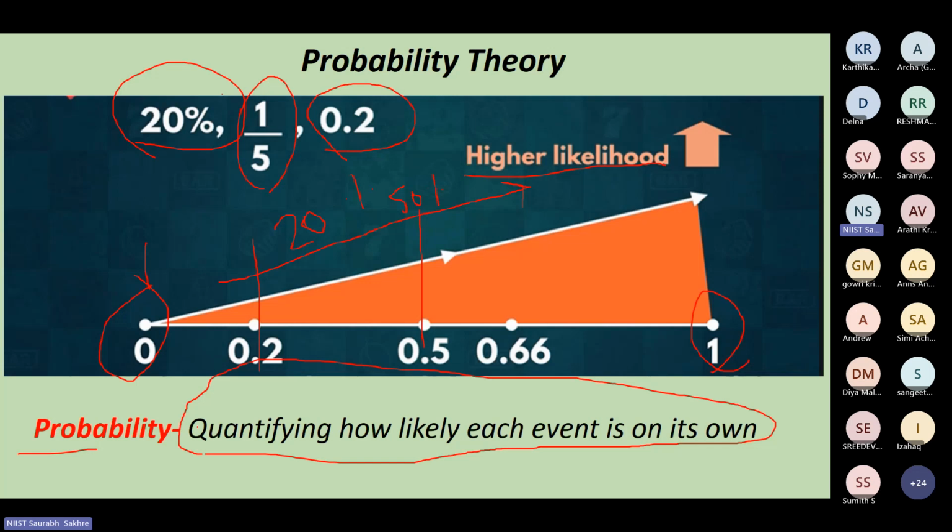But you cannot change the intrinsic property of chemical A and chemical B. Chemical A is what it is, and chemical B is what it is. So in probability, we quantify how likely each event is on its own. If there is an established proof of concept for something, you cannot go and change it, because it is already established. That's why in probability we see how likely each event is on its own.